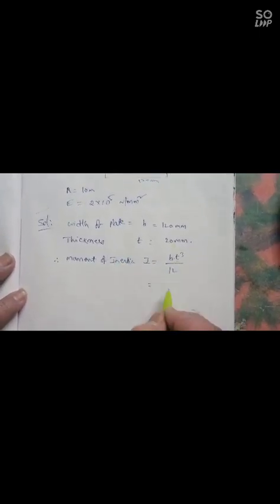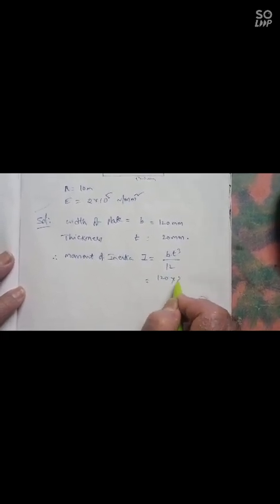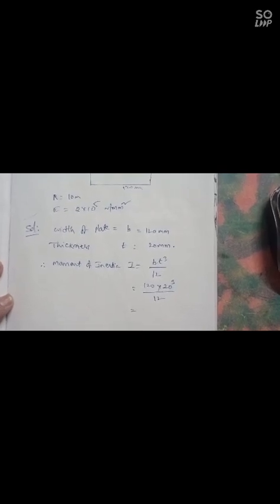B value is 120 into T value 20 cube by 12.